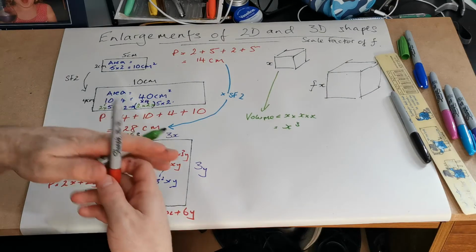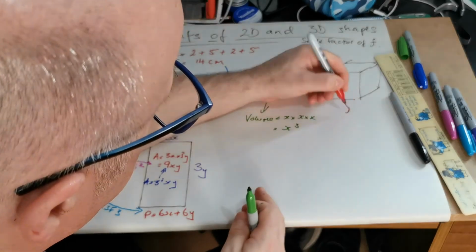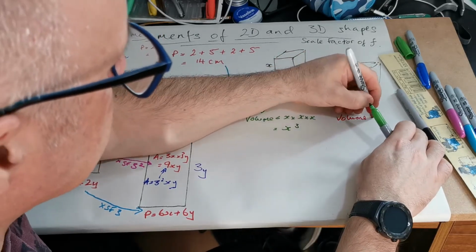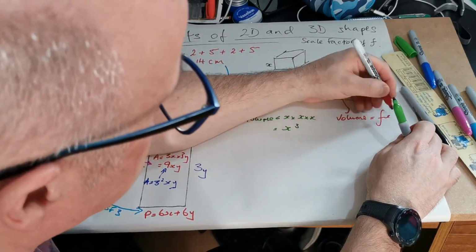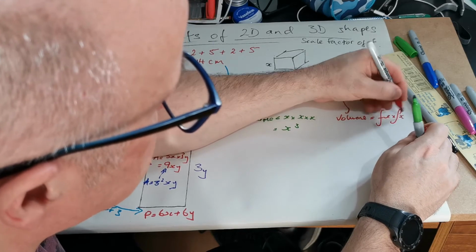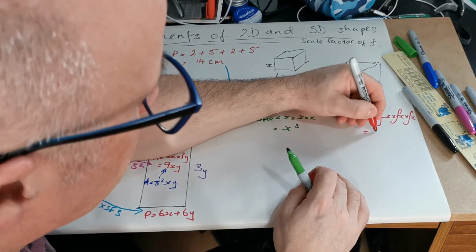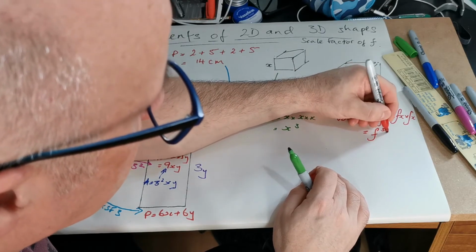And the volume of this one is fx times fx times fx, which comes to f cubed x cubed.